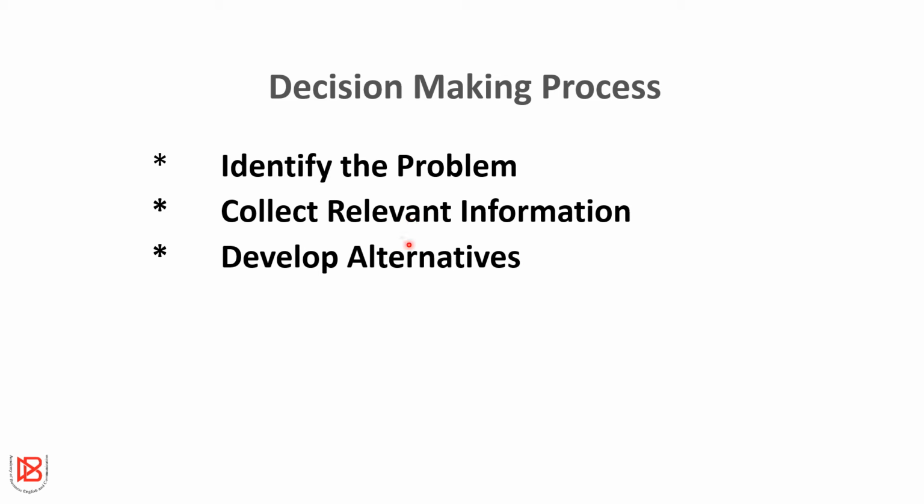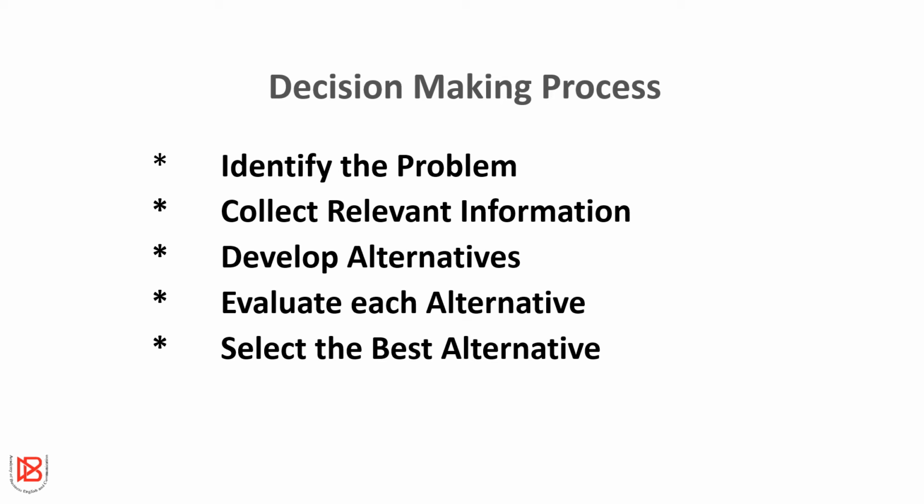Then probably we require relevant information as to why it is happening, and develop alternatives as to how we can resolve that particular situation, what will happen in case of the first route, second route, third route. Some might be time consuming, some might be resource consuming, some might require effort or abilities.